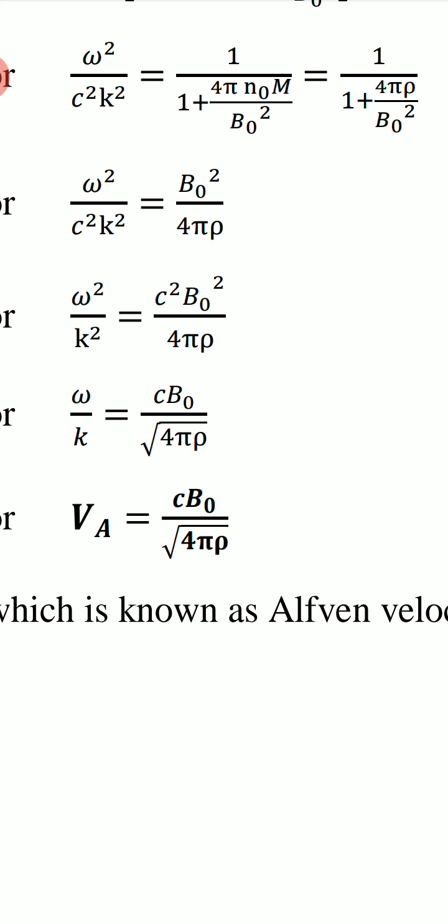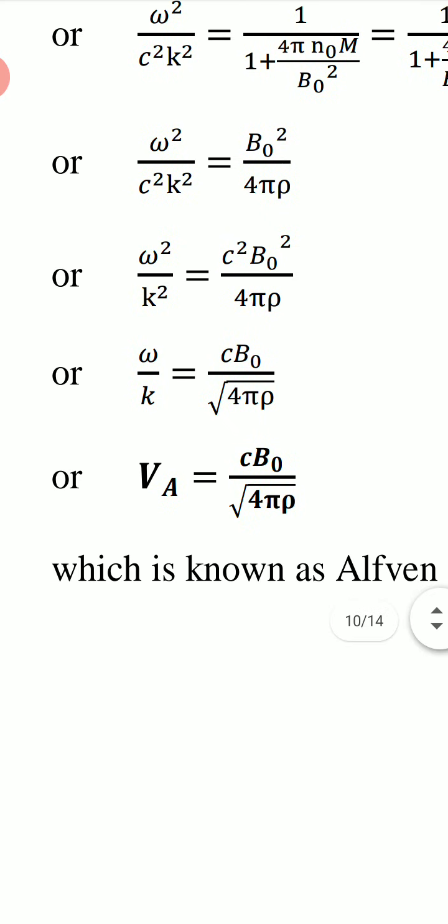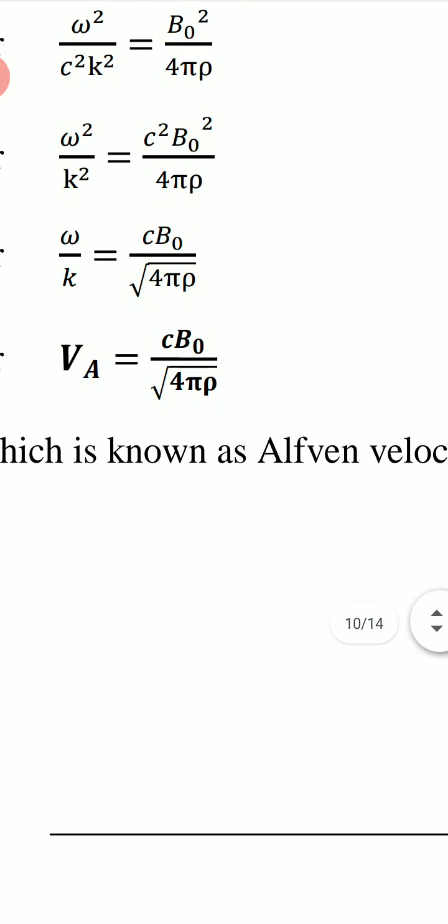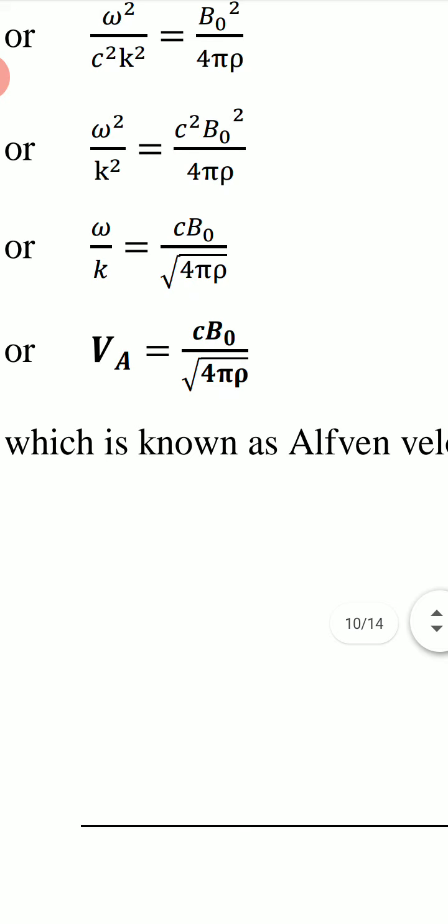This omega upon k is velocity. We write it as VA. It is known as Alfven velocity. It is the velocity of Alfven wave, and the velocity of Alfven wave VA is equal to c B0 upon under root 4 pi rho.